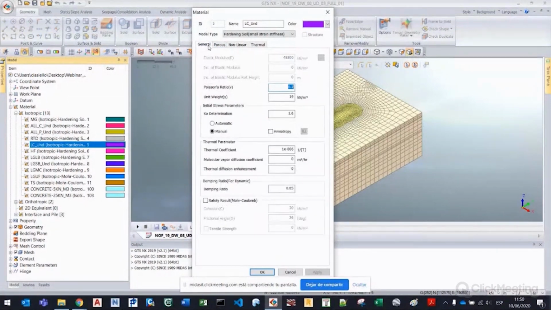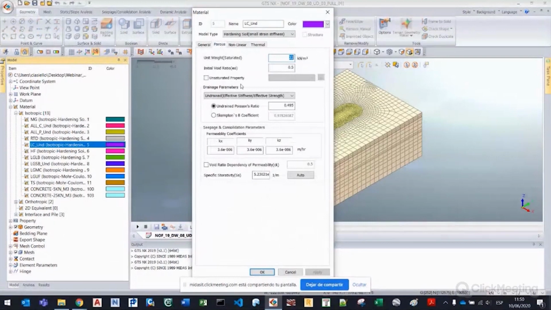There is something I would like to mention, and it is the behavior of the permeability coefficient and the specific storativity. I suggest you use the auto formulation. The formulation of storativity comes in the manual in the part of the flow analysis, and not to calculate by hand.